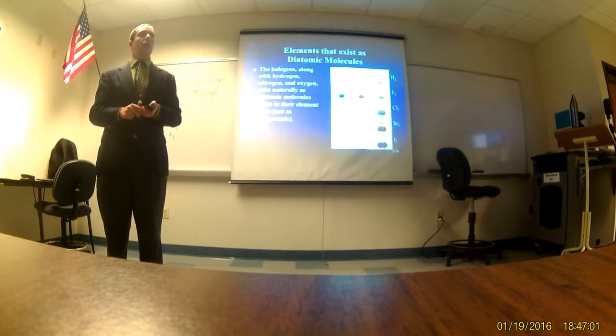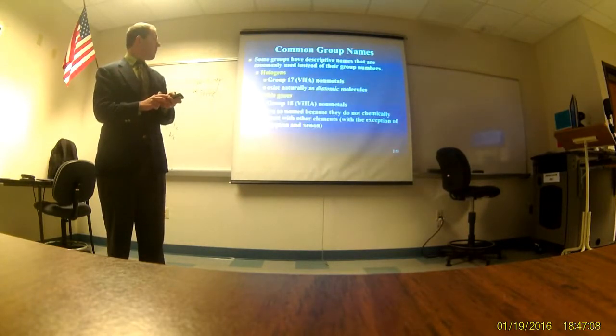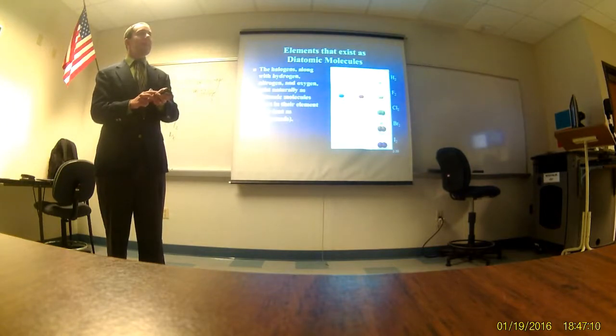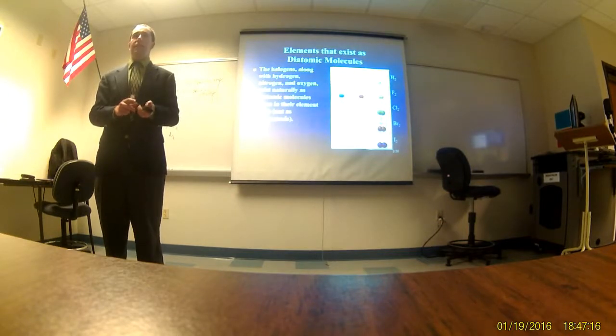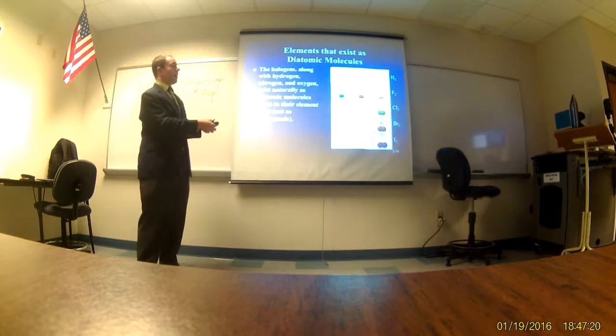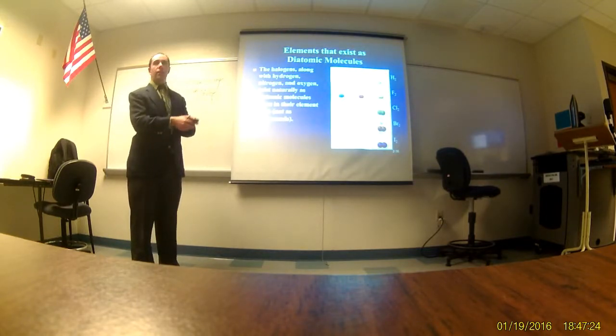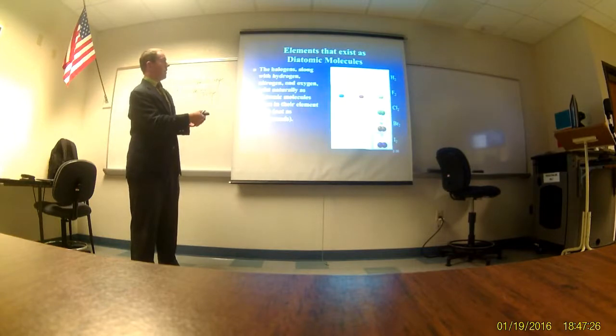Where is the other one? Next to helium. So if it's next to helium, it's in the halogen group 17 column. And if it's in that column, it's diatomic. So if that helps you remember that hydrogen, the outlier over here, is diatomic, that's great.